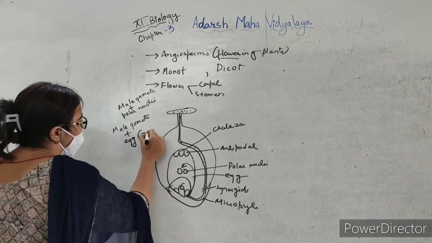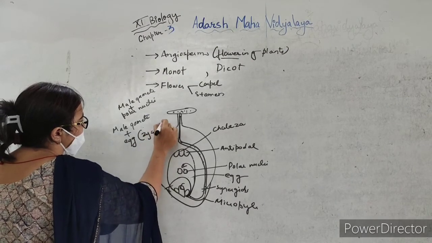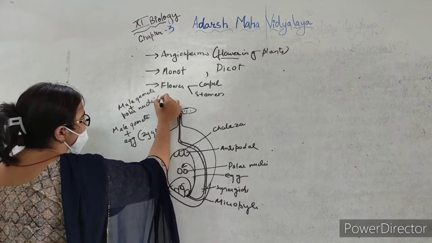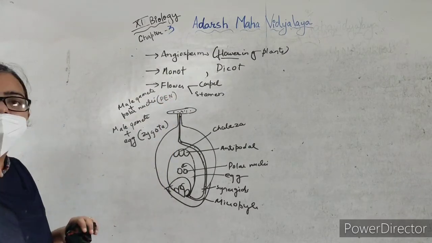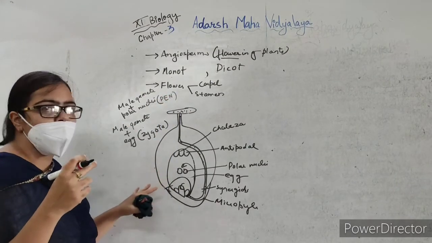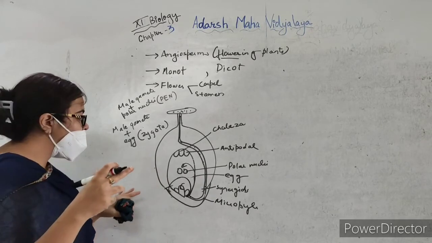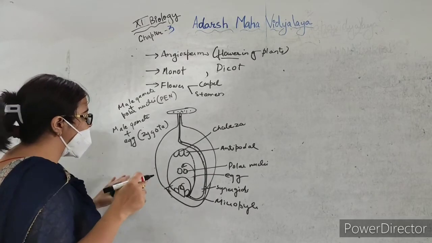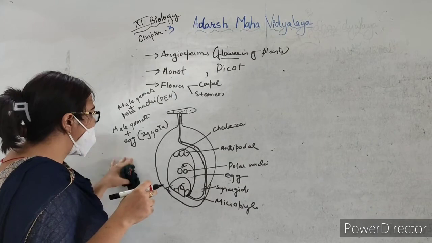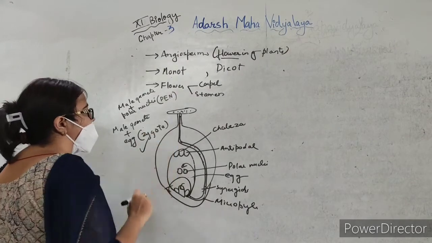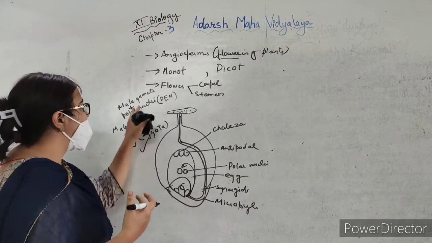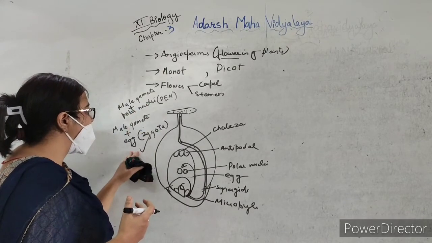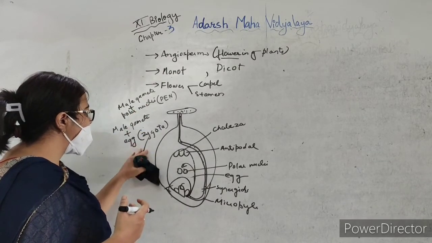So here the zygote will be formed, and here we'll see the formation of PEN. That is the primary endosperm nucleus, and this endosperm which is formed now will help in the nourishment of this developing zygote. This will be further differentiated into the embryo, and this endosperm will help in the development of this zygote.